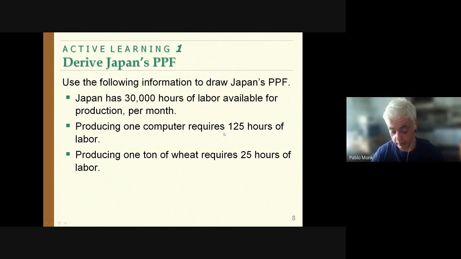So really what we could say is that Japan is not as efficient as America in making computers in this model, right? And the same with wheat. Japan takes 25 hours compared to America's 10. Now, why? Because maybe America has better machines or better know-how in this model, right?